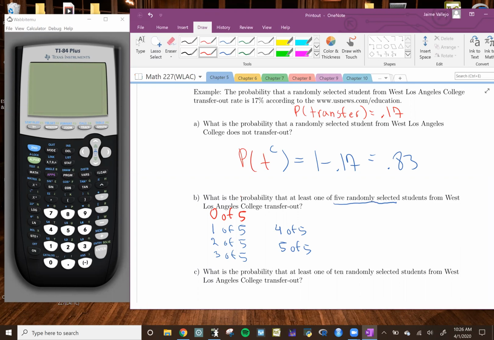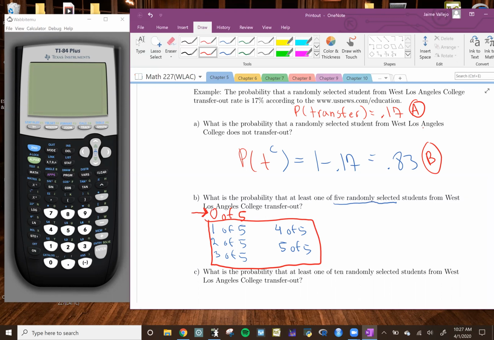So instead of finding these 5 probabilities, I'm going to focus on finding the probability of this one. We want to find the probability that if we have 5 students, none of them transfer out. If we don't want them to transfer out, which of the 2 probabilities should we use? Should we use this one, which we'll label as A, or this one, which we'll label as B? Should I use 0.17 or 0.83? 0.83.